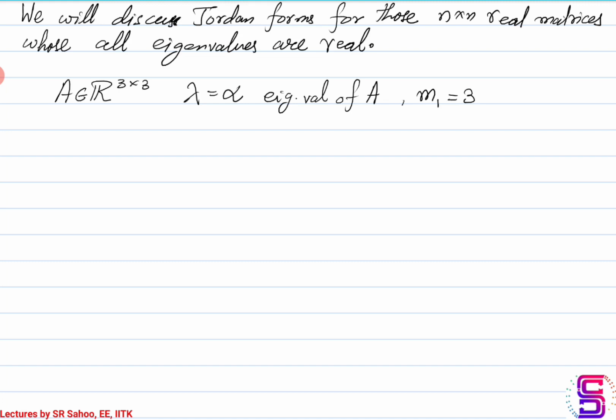Now, what are the possible values of geometric multiplicity? It is 1, 2 or 3. So when m1 bar is 1, you have a vector which is a GV of grade 2 and grade 3.